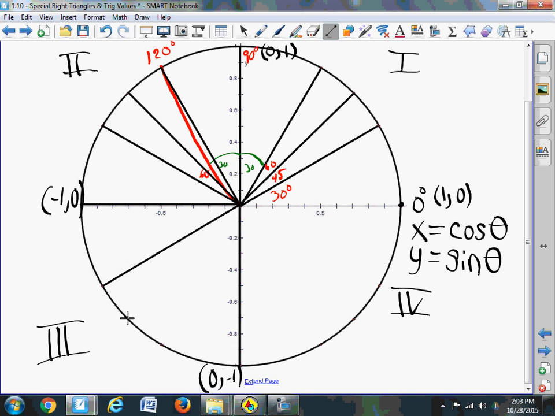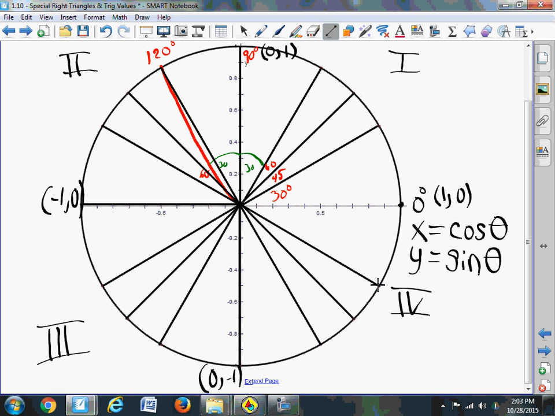Then I can add the 15s: 225, 240, and 270 down at the bottom. This would be 300 because I add 30, and I can add the 15s: 315 and 330.